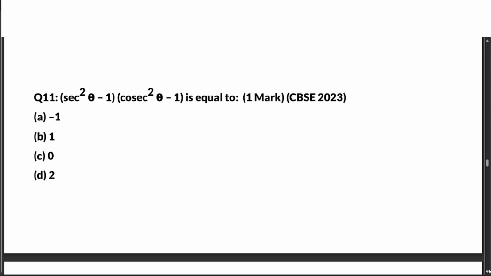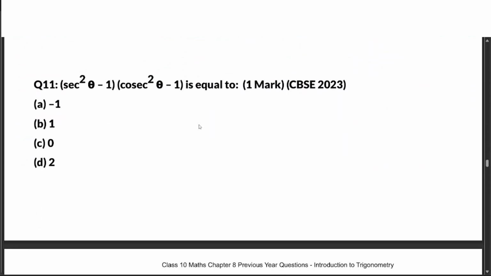Now coming to the 2011, again a 1 mark MCQ question. It is saying (sec square theta minus 1) times (cosec square theta minus 1) is equal to what? It is also based on identities, so let's see how we can solve it. First we write the question: (sec square theta minus 1) times (cosec square theta minus 1).